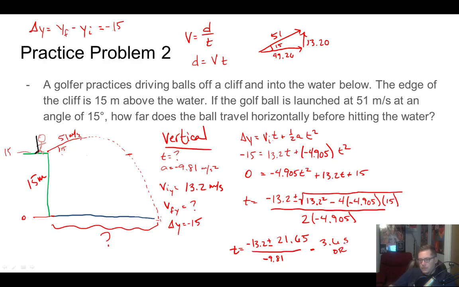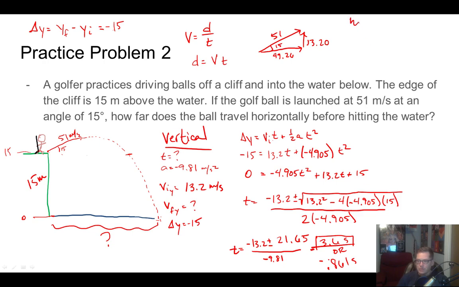Or if we do it the other way, where we take negative 13.2 plus 21.65, and divide that by negative 9.81, we get negative 0.861 seconds. So one of our answers means that we traveled back in time, right? And the other answer is valid. It's got to be the positive time. So we know now that our time is 3.6 seconds.